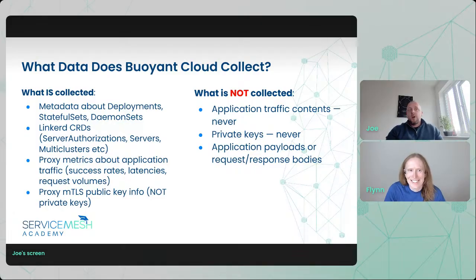It sounds obvious, but it's not always, and I think it's reassuring to a lot of folks just to be explicit. And the third point is quite similar to the first one, just application payloads. We're not touching application traffic. This is about metadata and proxy metrics and things like that.